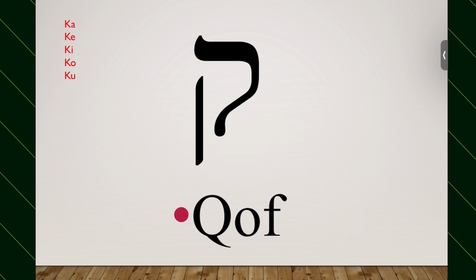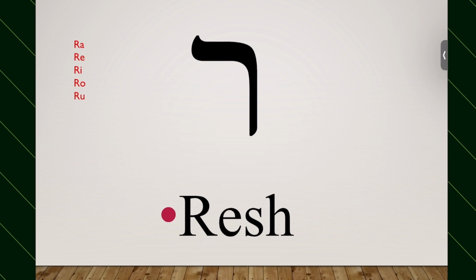Now we have kof, or kuf as some people call it. Ka, ke, ki, ko, ku. Now we have reish. Ra, re, ri, ro, ru.